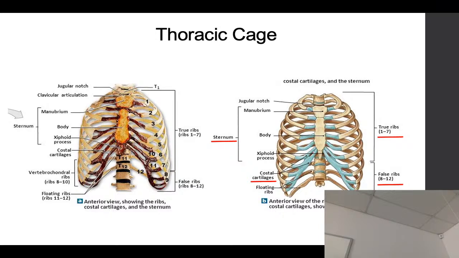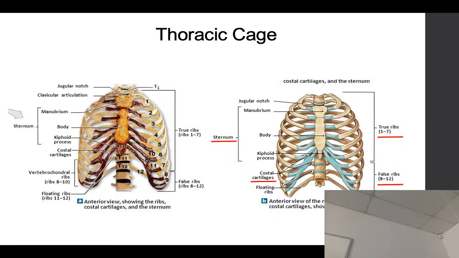So these ribs have their own costal cartilage that attaches straight to the sternum. While the false ribs all join together as one, and then they have one connection. So you can see all of these ribs, their costal cartilages point and squish together and then attach. So that's what makes them false ribs.